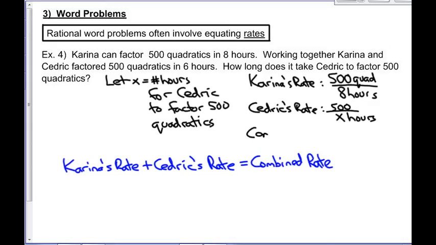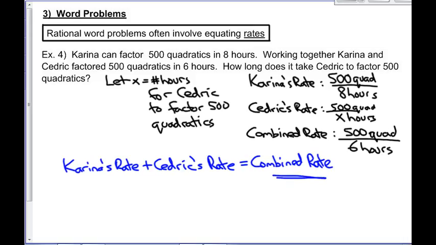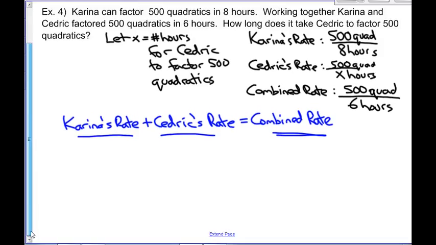And their combined rate, we know, is 500 quadratics per 6 hours. If we can come up with those expressions for rate and realize that this is the basic information we're given in the question, if we add those two rates together, we should get 500 per 6 hours.